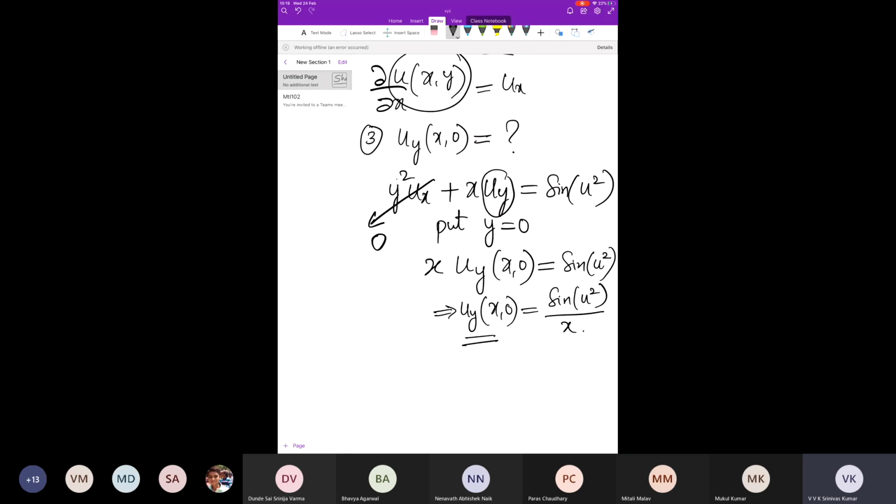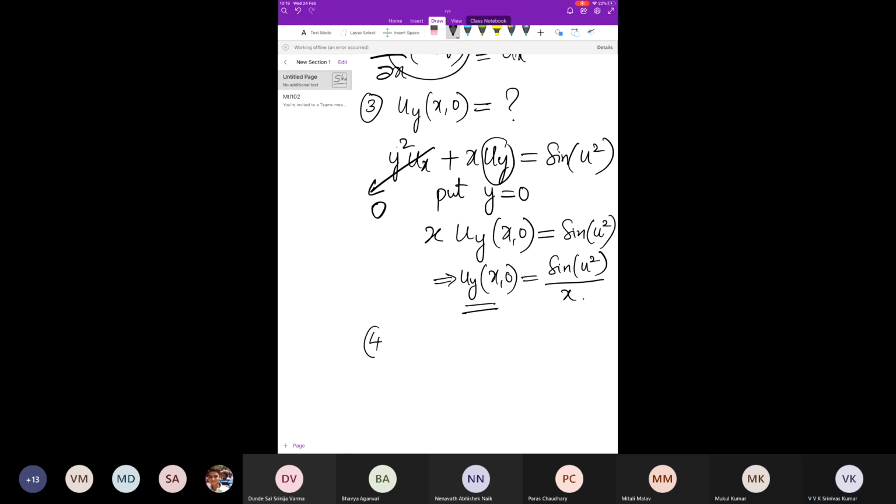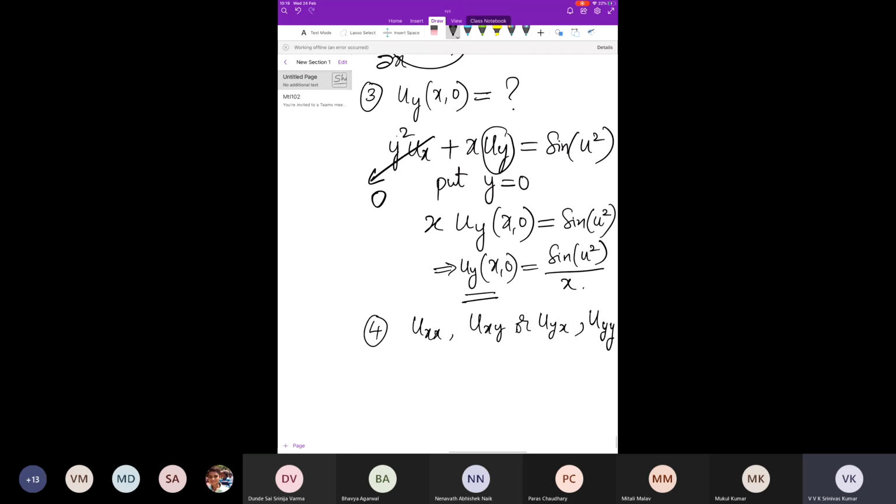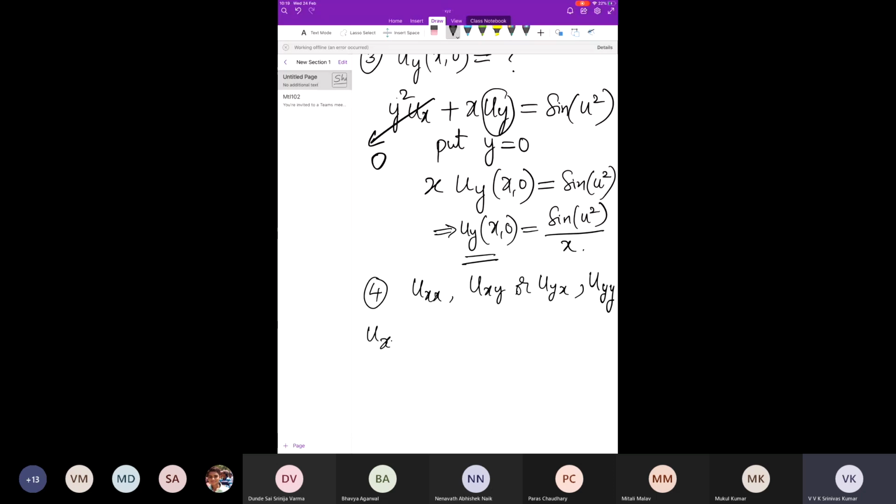Now next is the second derivatives: uxx, uxy or uyx, and uyy. How to find the second derivative? Again uxx at x comma 0 is, by the first principle, the limit as delta x goes to 0 of ux at x plus delta x comma 0 minus ux at x comma 0, upon delta x.